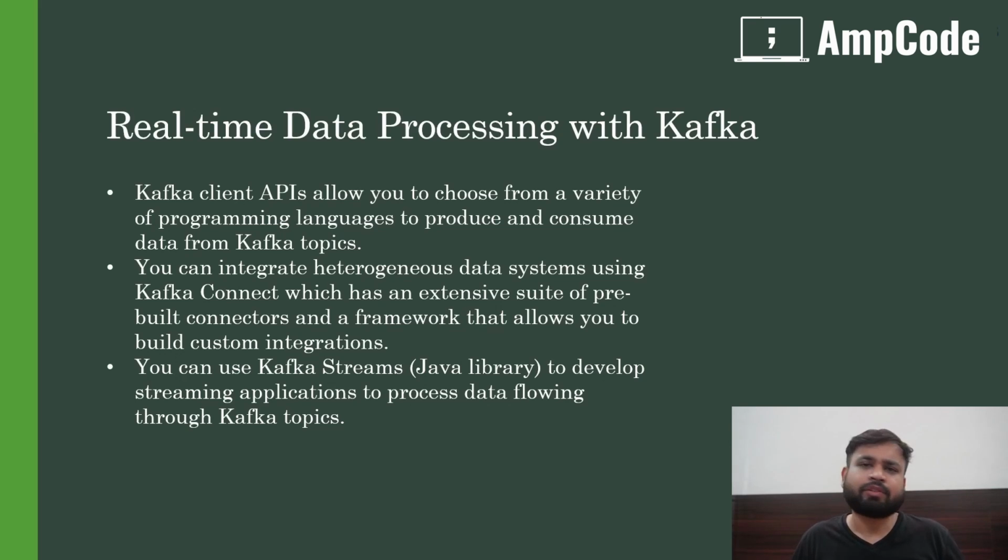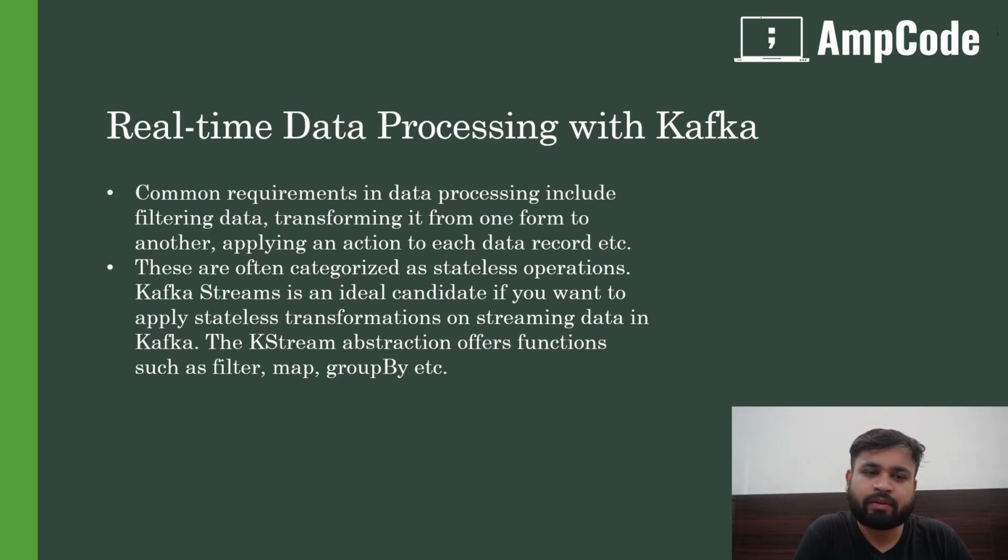How the data is consumed, we already know, but let's focus on what type of transformations we can use for processing the data using Kafka. As we already know, the common requirements in data processing include filtering the data, because our data could be coming from various sources. Each data source can have its own format as well as standards.